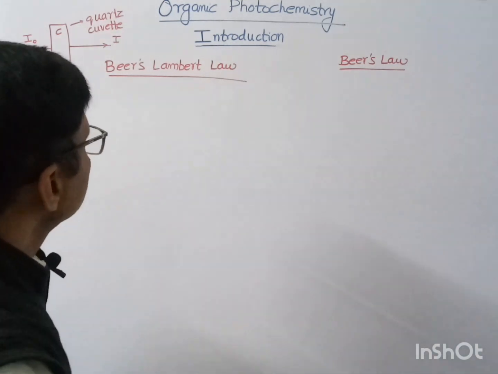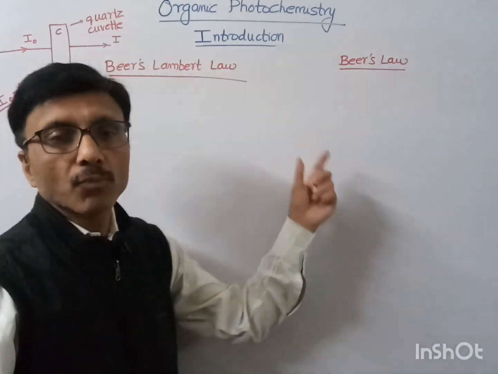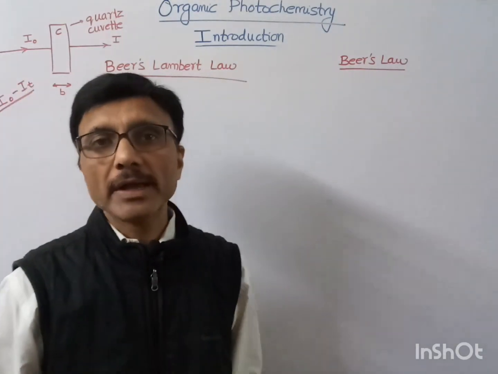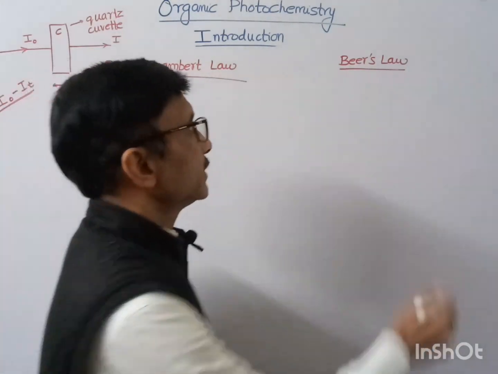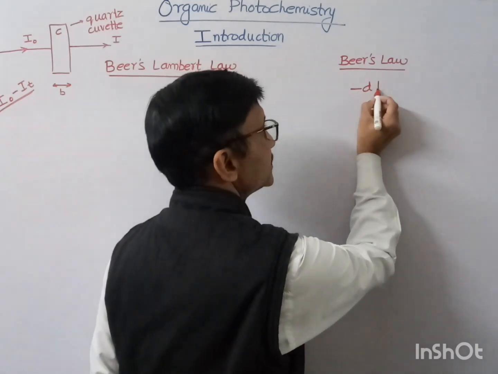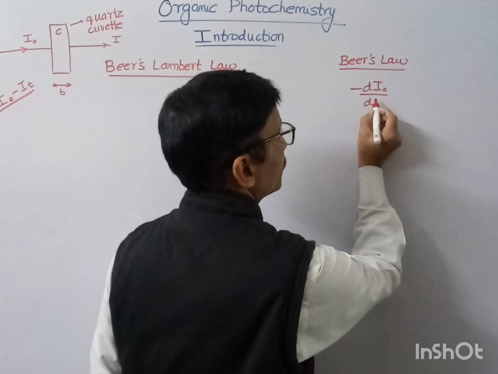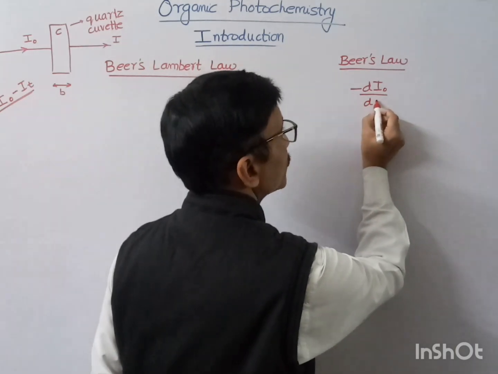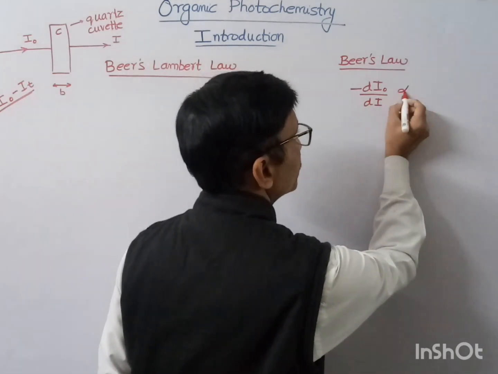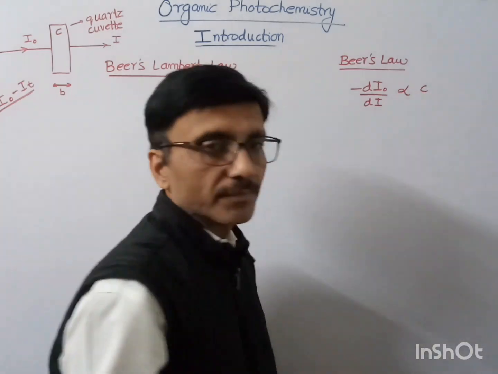So according to Beer's law, when a monochromatic light falls on any absorbing medium, the decrease in intensity of light is directly proportional to the concentration.